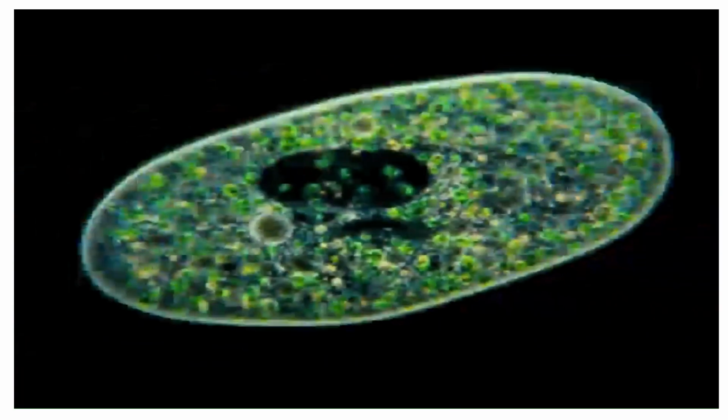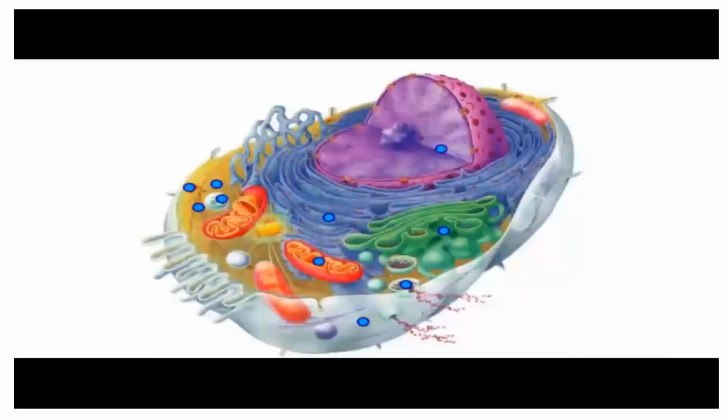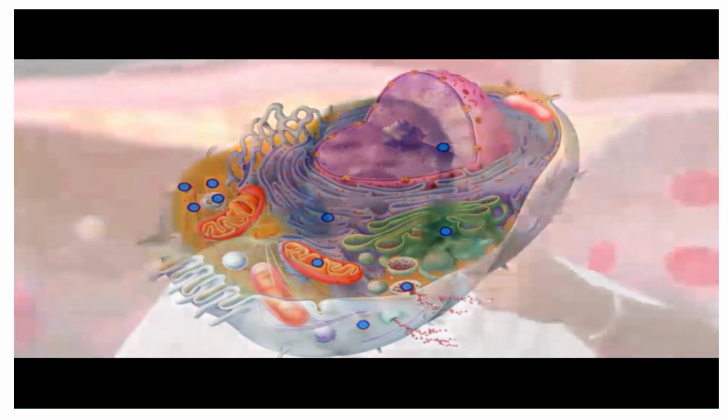The cells are mainly classified into two types, prokaryotic cells and eukaryotic cells. Pro, as the name suggests, first living things. They have organisms which do not have membrane bound organelles.